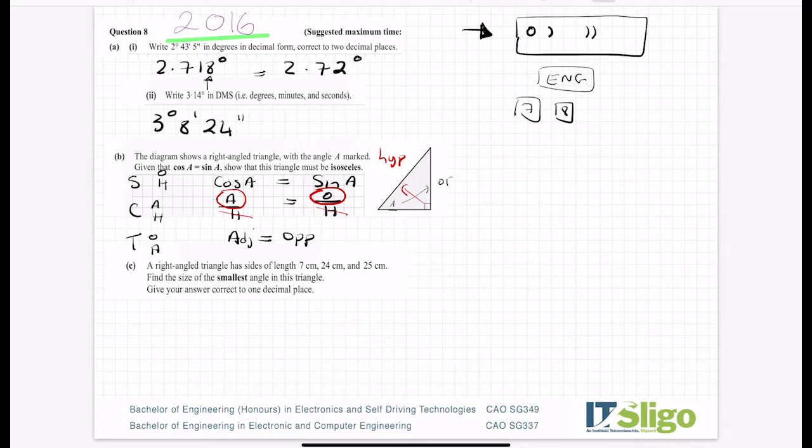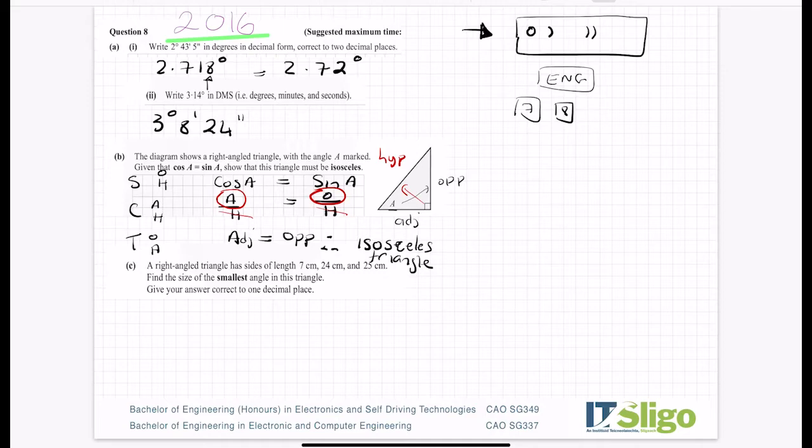In fact, that's my opposite, that's my adjacent. How do I know that? Because opposite is always opposite the angle in the question. So my adjacent and my opposite are equal. And if two sides are equal in a triangle, therefore isosceles triangle. Okay, so quite a hard question because there were no numbers.